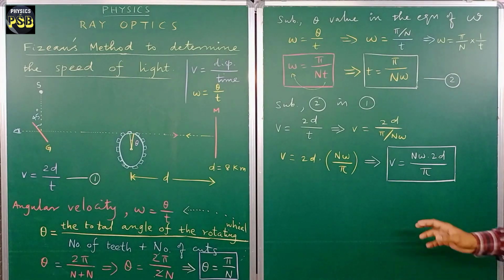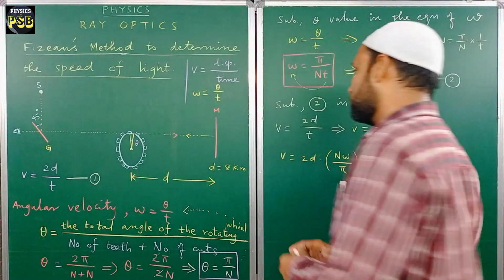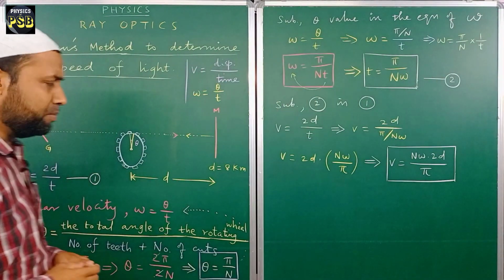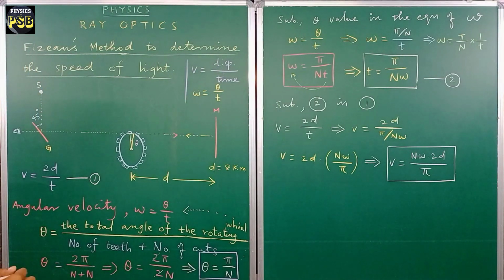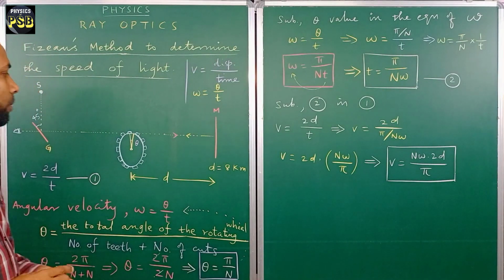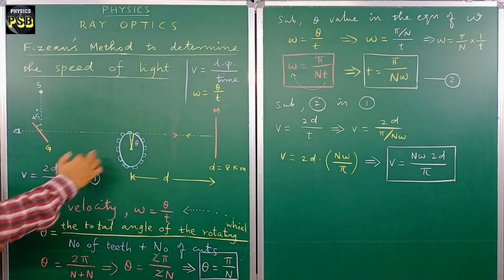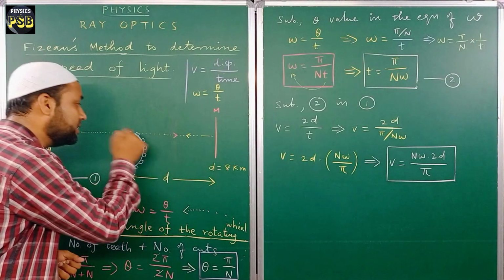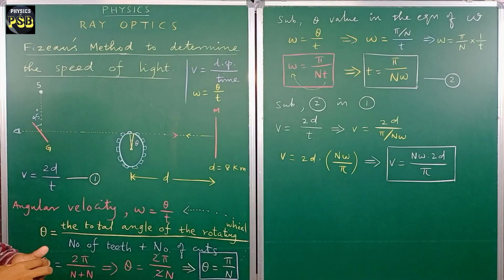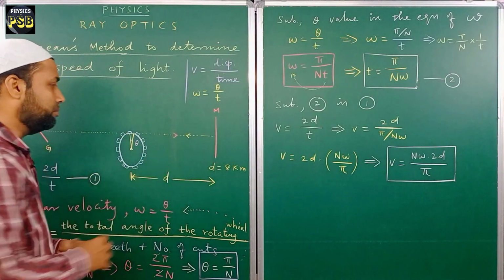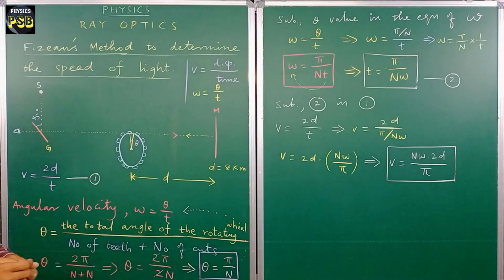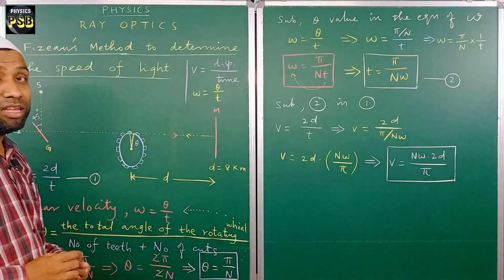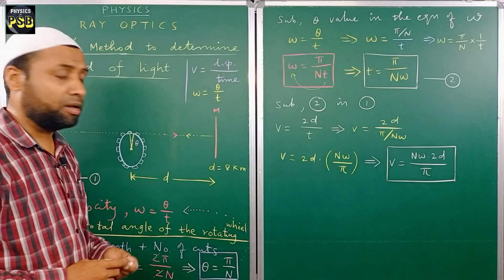While performing this experiment, Fizeau found it a little difficult to visualize the disappearance of light when it hits the tooth after getting reflected from the mirror. That is the biggest difficulty he found while performing this experiment.